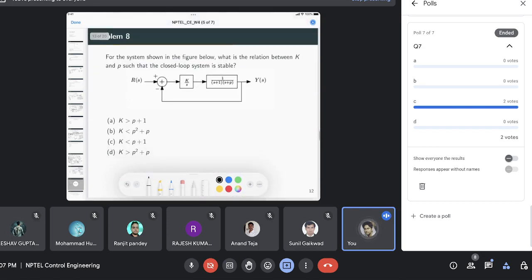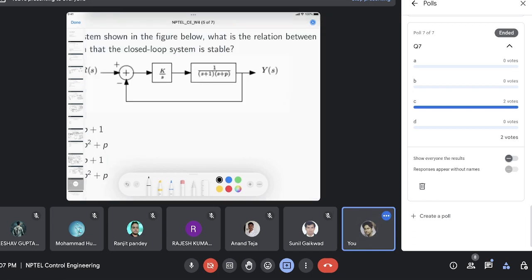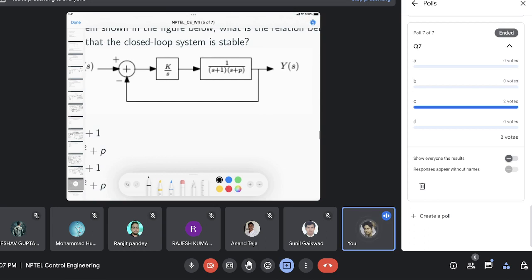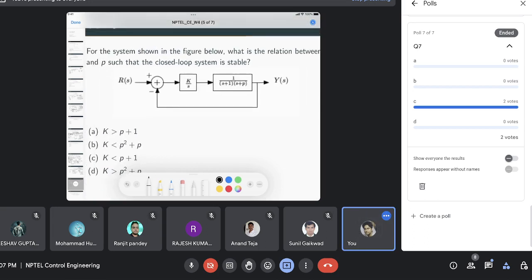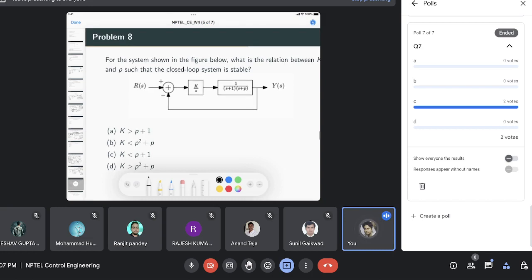Okay, so the next question is, you are given one closed loop system. You have to find the relation between k and p. Okay, you can see this side. Let's do this. s plus 1 into s plus p there in the denominator. So you have to find the relation between k and p so that the system will be stable.